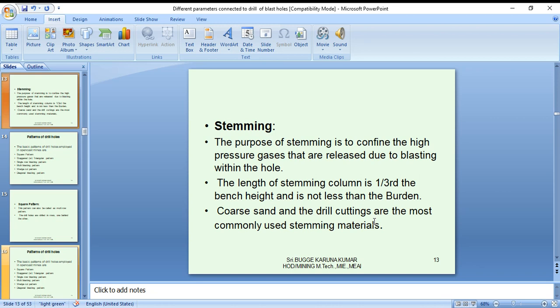So generally one third of the bench height, not less than the burden, you have to fill up with the stemming material. That means the remaining two thirds is the explosive. The remaining portion will be filled with drill cutting material, stabilizing the hole.